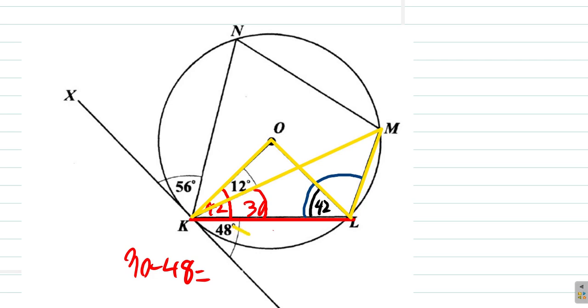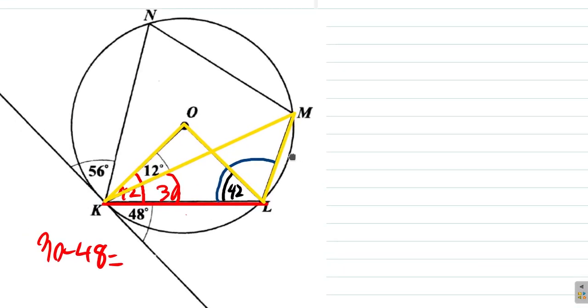The alternate segment would be inside here, right? Remember, there are two segments here. This one below the chord KL and this one above the chord KL. So these are in the same segment. Now, do you remember the circle theorem dealing with that?